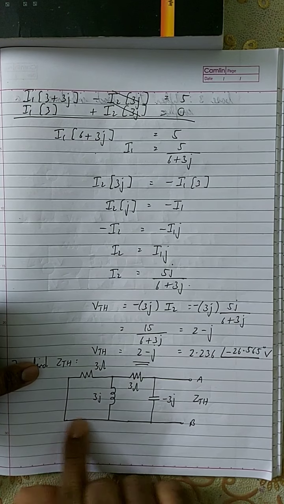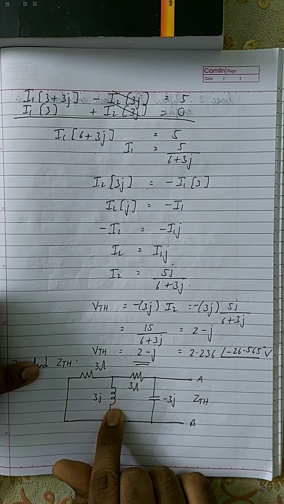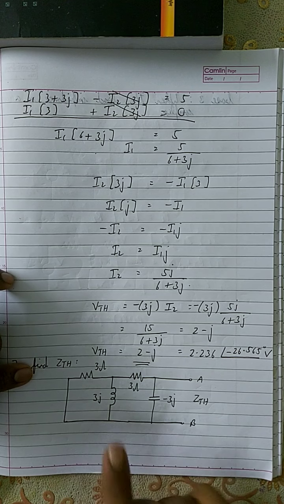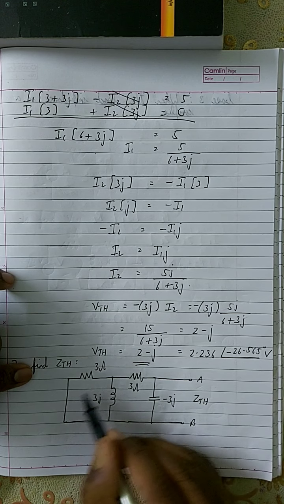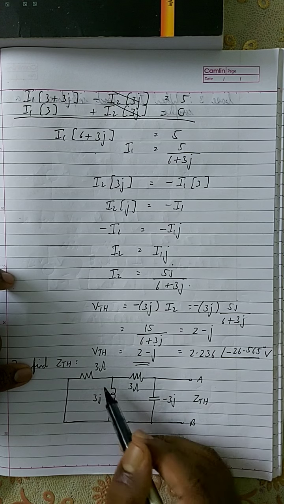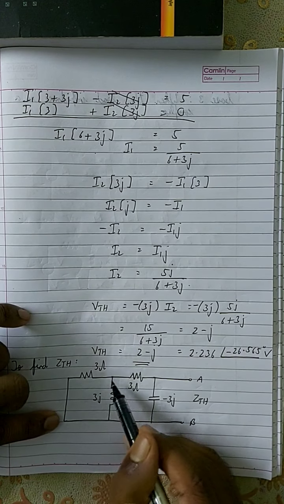This is a single connection. In other words, this resistor and this inductor are in parallel. This is how I know it is parallel, because both ends have the same junction on both sides.